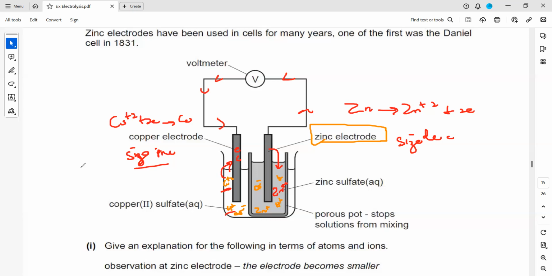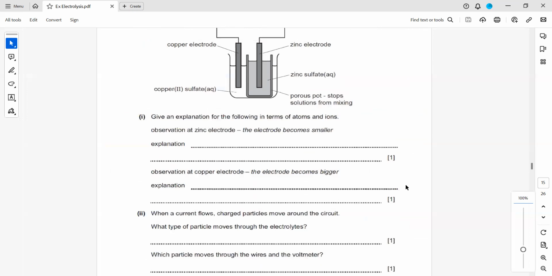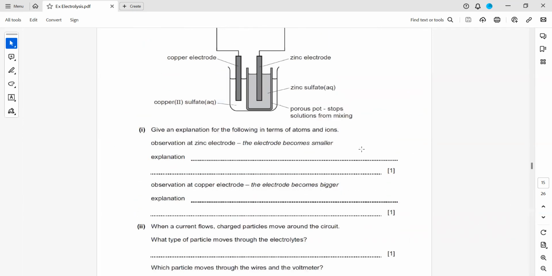Now in the question: give an explanation in terms of atoms and ions. First one, the observation at the zinc electrode. We observe that the electrode becomes smaller. Why does the zinc electrode become smaller?